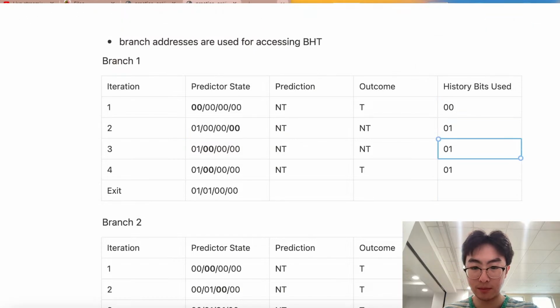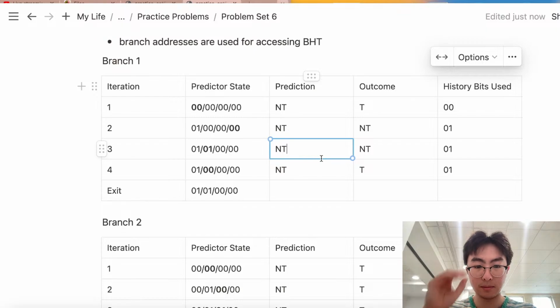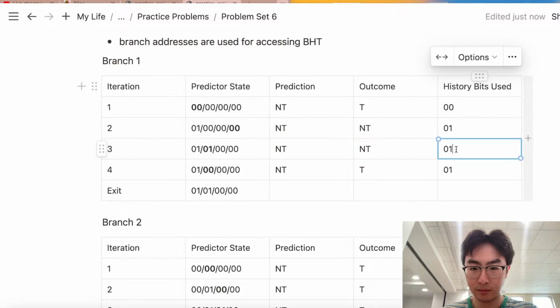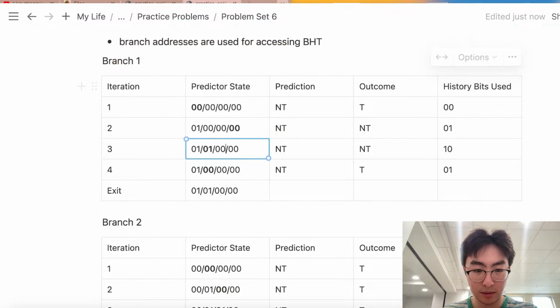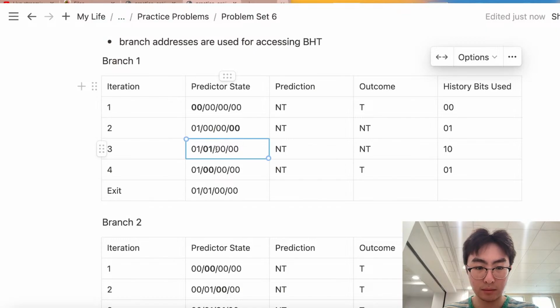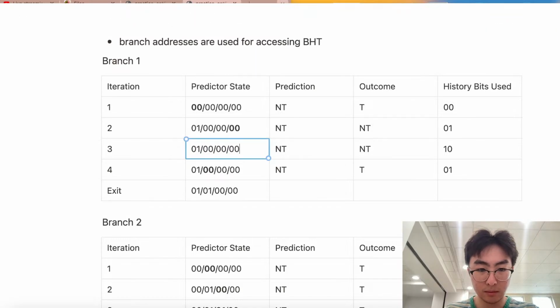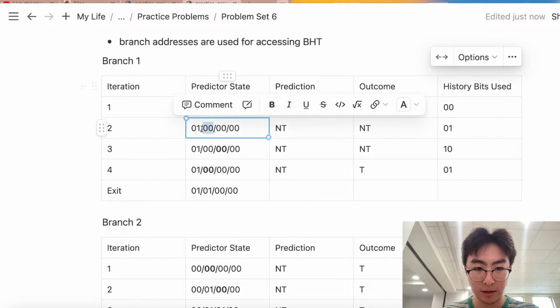So that's not taken. Okay. And then we index one by one. So now it's just 1, 0. So not taken, taken. Alright, so instead of this, it'll now be this.